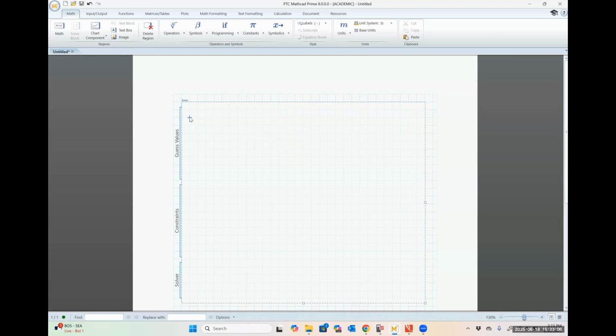Okay. So in a class like Circuits 1, where we're going to be dealing with quadratic equations and stuff like that very rarely, the guess values that we choose aren't particularly important.